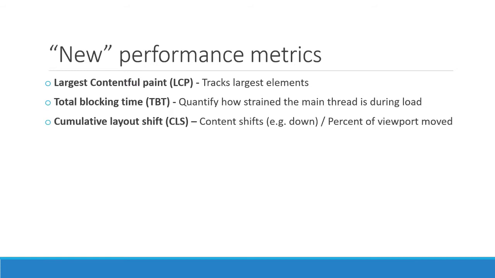And lastly is cumulative layout shift. This is a fancy name, and it basically means that I'm sure you've seen websites, when you load them, things are going up and down or right and left before they get in place. And this is a metric that calculates the percent of the viewport that is moving.